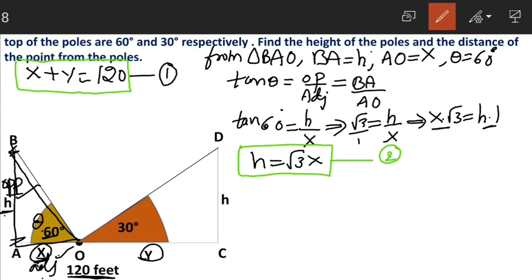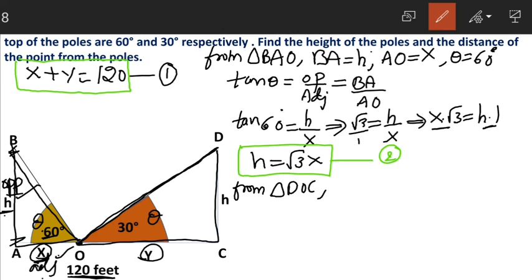Now consider the next triangle, that is DOC. In triangle DOC, here this becomes the theta. Theta value is 30 degrees, and opposite to this theta is CD.